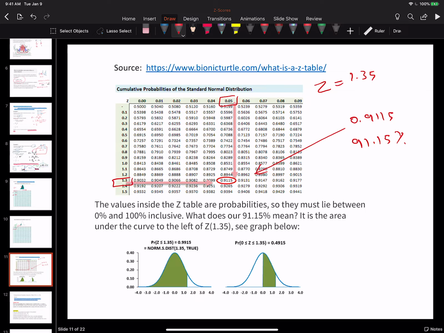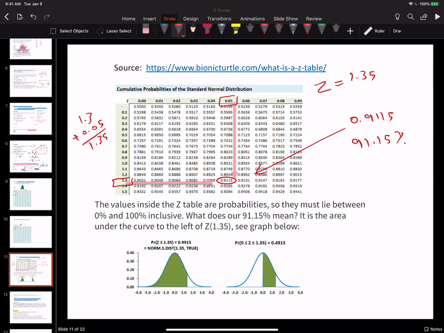So think about 1.3 plus 0.05, that's 1.35. That's how we read it. So if somebody says, what's the percent of the data below 1.35, you read 1.3 from the left and you add the 0.05 moving forward on the top, as you could see.